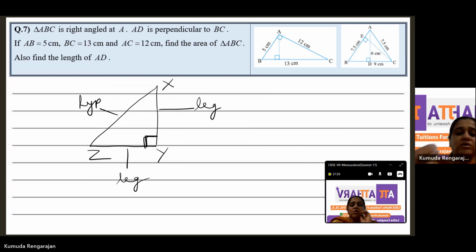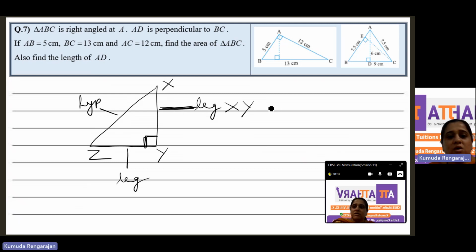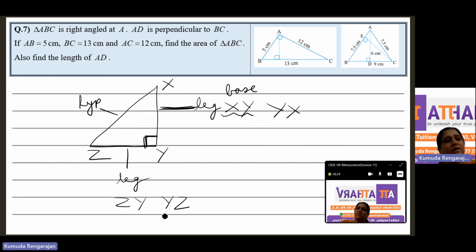Now, name this leg, XY or YX. Name this leg, YZ. Correct. Now, XY says, friend, let me be the base. Then who will be the altitude? Y is a vertex.